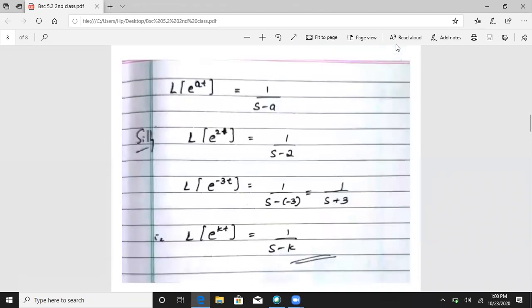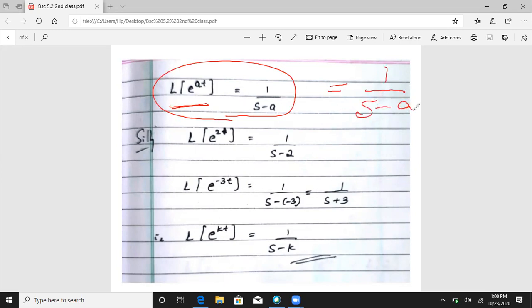Then the next property is the Laplace transformation of e to the power at. This one we also already solved in last classes. It is always equal to 1 divided by s minus a.